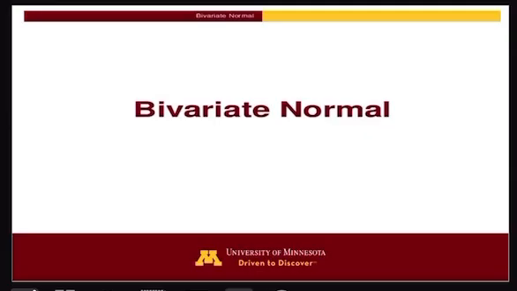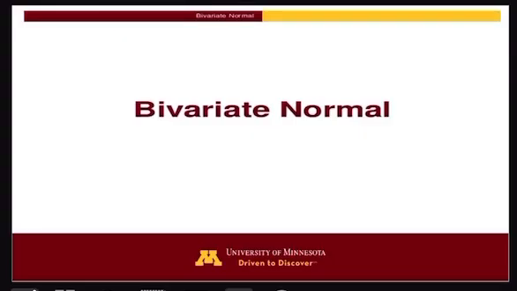The joint is not going to be a double bell shape anymore, but elliptical in nature. That is the reason why a univariate normal distribution does not necessarily translate to a bivariate normal distribution.